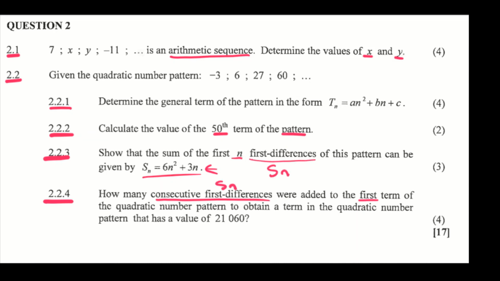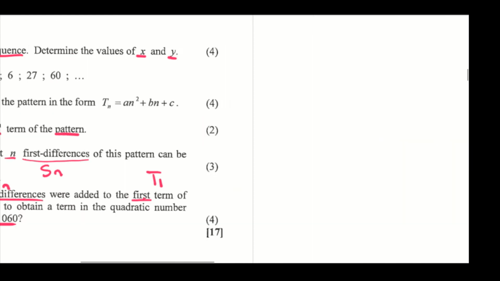So here we're just going to write Sn. How many Sn were added to the first term, so T1 of the quadratic number pattern, to obtain a term in the quadratic number pattern of the value of 21,060. So what this means is the following.